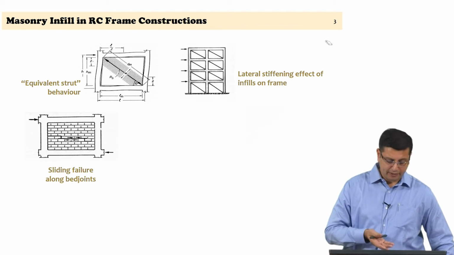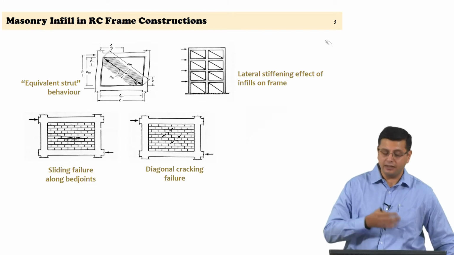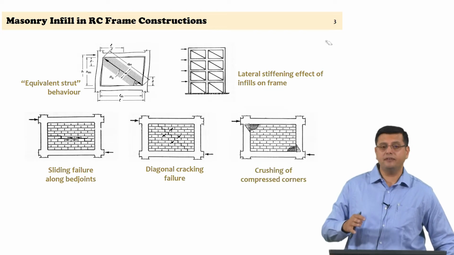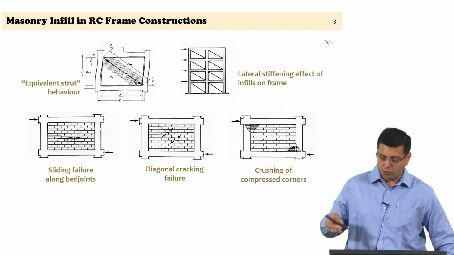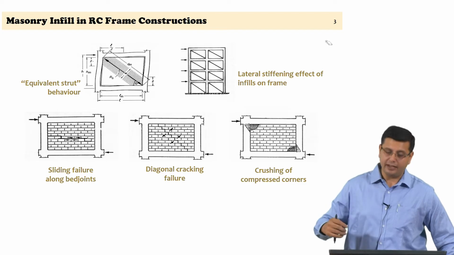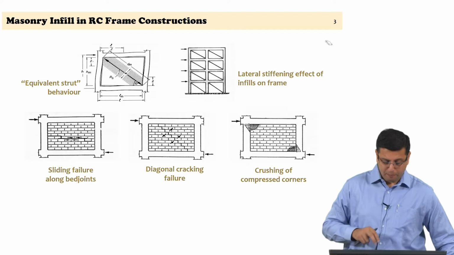You can expect sliding failure along the bed joints, you can expect diagonal cracking failure as we had seen diagonal tension failure in a masonry shear wall, or you could even have a flexure controlled mechanism where the corners of the compression strut, where it is fully formed, can actually crush, fail in masonry compression, and that could be another mechanism.